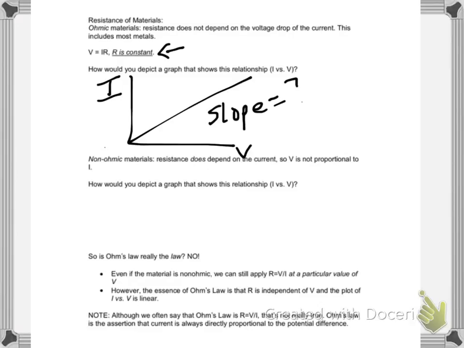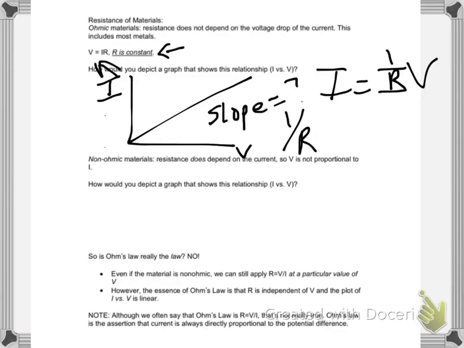First instinct might say that the slope is R, but you have to remember that we're doing I versus V, so I is equal to something times V. If you were to rearrange this equation up here for I, you would find that the slope is actually 1 over the resistance. V divided by R is what I is. So the slope here is 1 over R. Now you could plot it just as easily doing V versus I rather than I versus V and get the slope of just R.